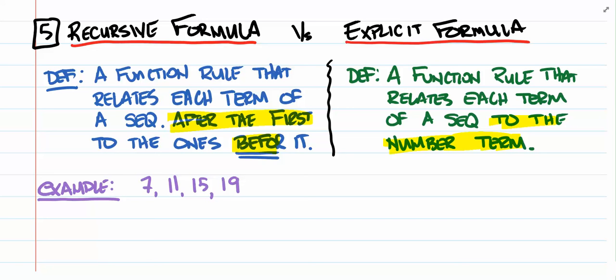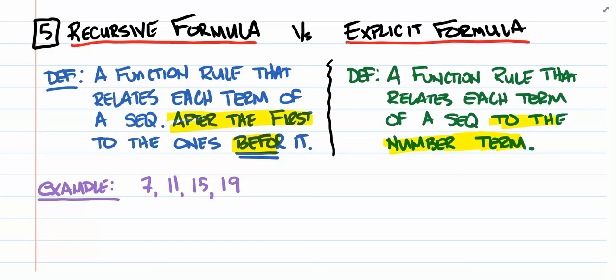So the definition for a recursive formula is a function rule that relates each term of the sequence after the first one to the one before it. I'm going to talk more about that. An explicit formula is a function rule that relates each term of a sequence to the number of the term itself. And I'm going to show you exactly what we mean by each of these.